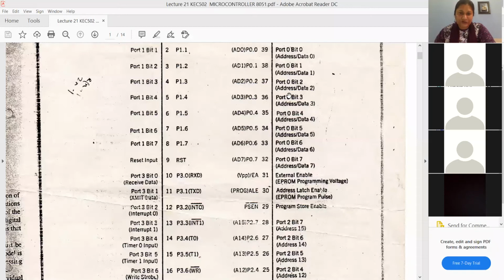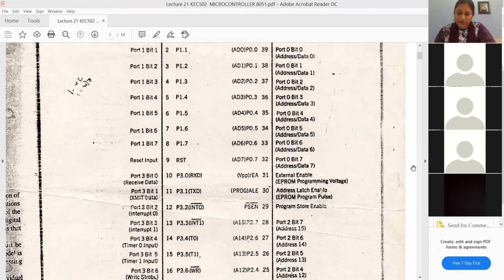There are 4 ports. Each port is an 8-bit port. Then it is having 16 address lines. It is an 8-bit microcontroller. It is having 5 interrupts and its own internal ROM of 4 kilobytes and RAM of 128 bytes. And what is the difference between 8051 and 52?